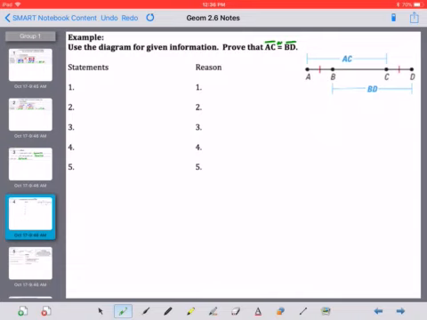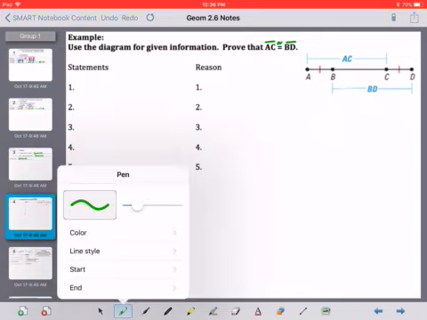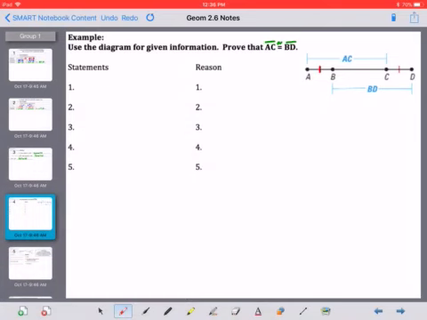You always start with what you know. If we look in this picture, they tell us that segment AB is congruent to segment CD, with those little tick marks. You're always going to start with something that's given. So your first reason for any proof will be given.